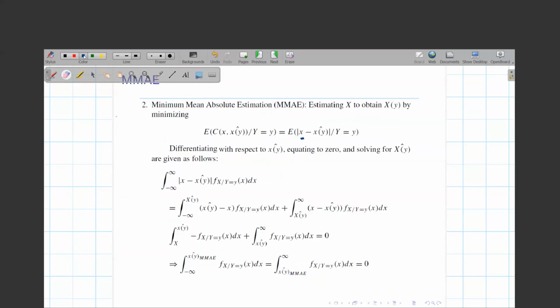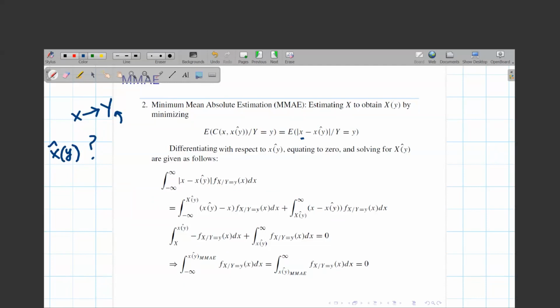If I have a random variable x that is influencing y, and you are observing y, we are trying to estimate x.